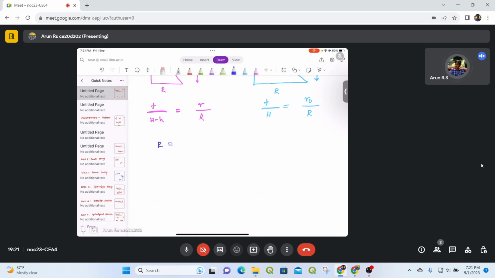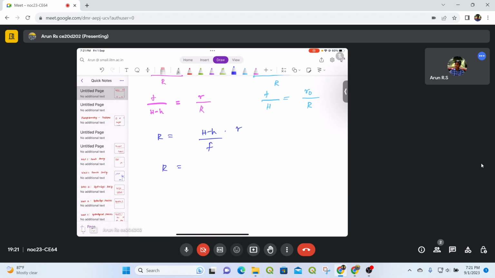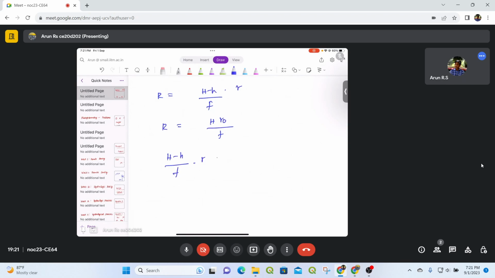So R is equal to (H minus h) into r divided by small f from the first equation, and from the second equation R is equal to H into r naught divided by F. So since both are the same, I am going to equate both. So here F is common, so I can cancel that out.